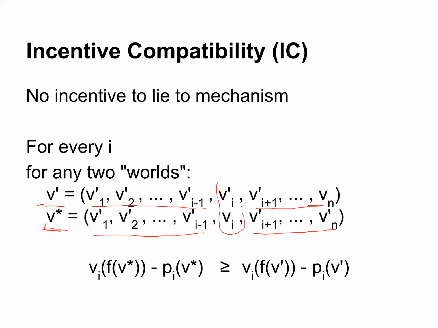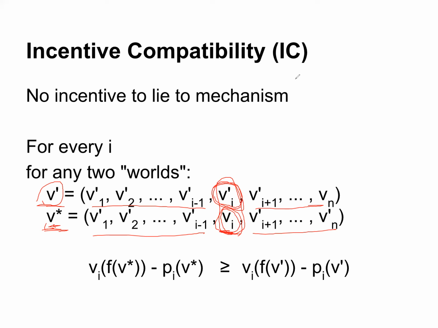And for the user I, in V star, the user I submits his true preferences. So this is the true valuation. This is the true user. And in the world V prime, the user I lies and submits something else, V prime I. Okay, so this is wrong. Here the user lies, and here the user is truthful.